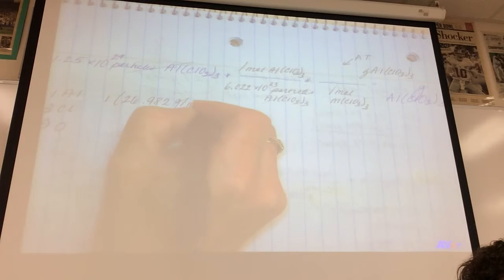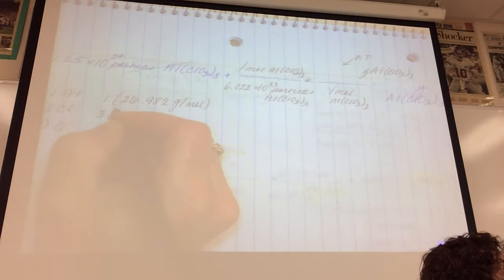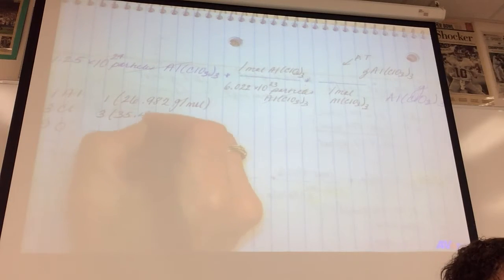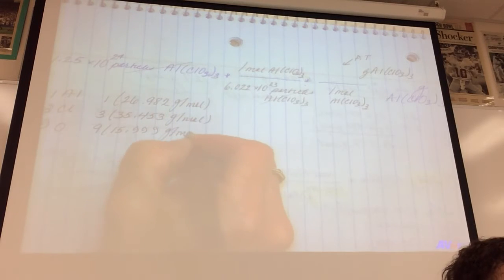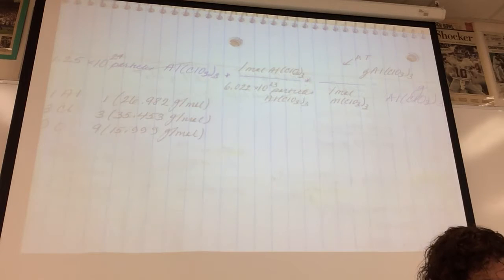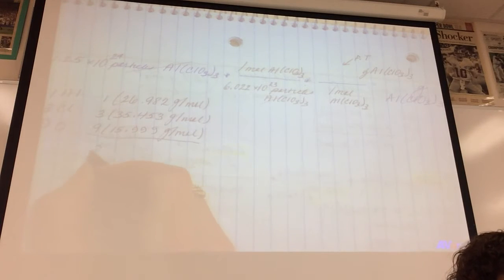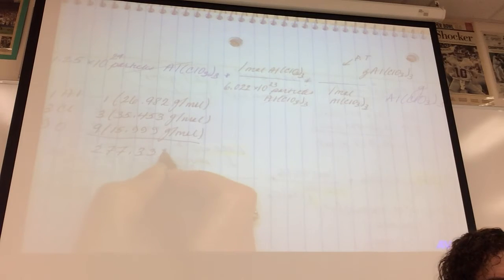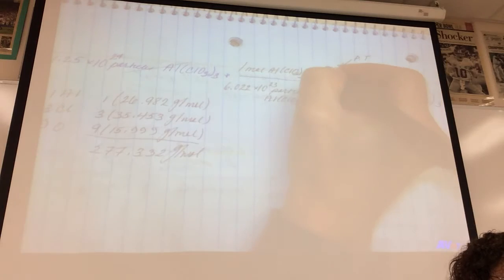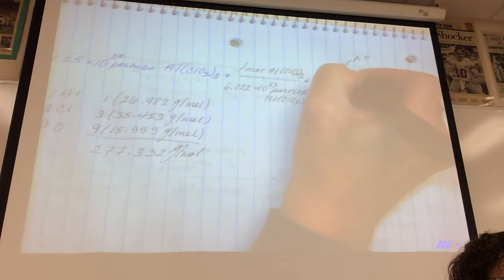We get aluminum off the periodic table. So that's 277.332.